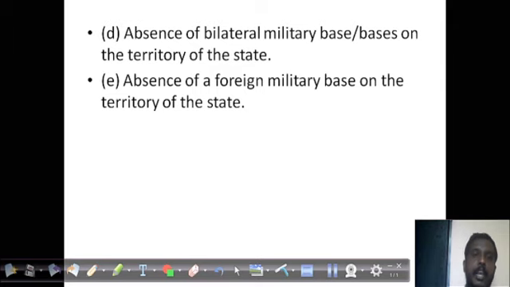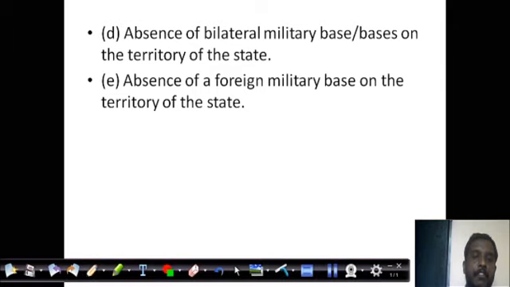Moving to the last slide. The absence of bilateral military bases, and the absence of foreign military bases on the territory of the state. This is basically about the situation between USA and USSR: USA might have aligned countries where they have foreign bases so that they can attack any targeted country of the other bloc.